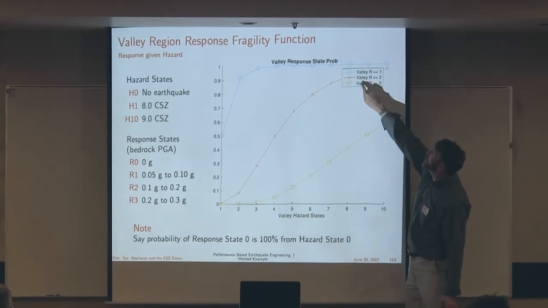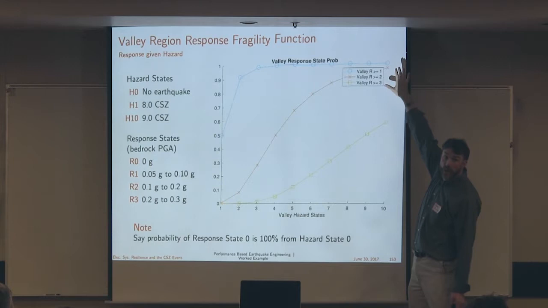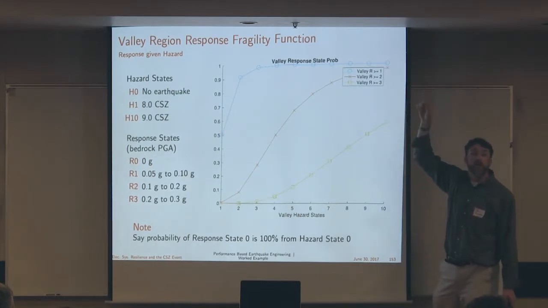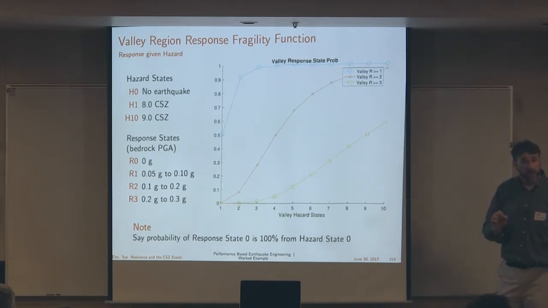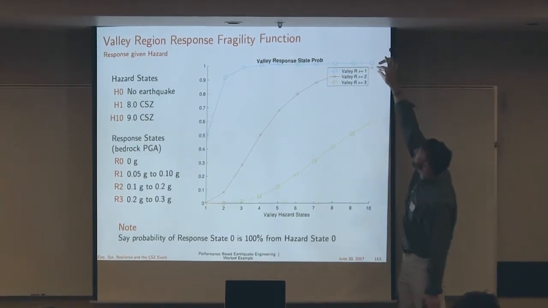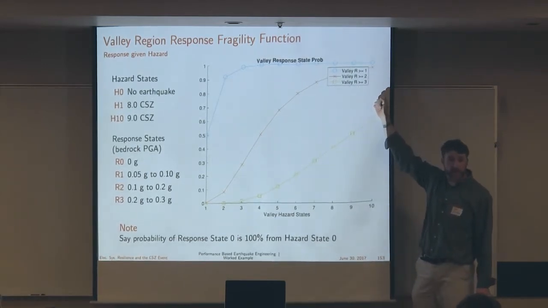What's the probability that I'm in response state 1? I know it's a 100% chance that I'm in 1 or greater, but what's the chance that I'm in 1 and only 1? It's this distance, because the orange line is the probability that I'm in 2 or greater.